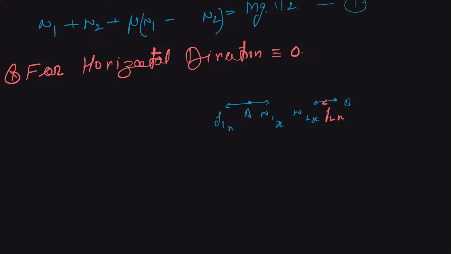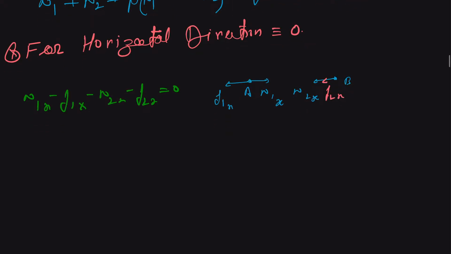So we can write that the equation will be equal to N1x minus F1x minus N2x minus F2x is equal to 0. Okay. And if we substitute there, because it is sine and cos, square root of 2 will be the same, so we can just write it directly.